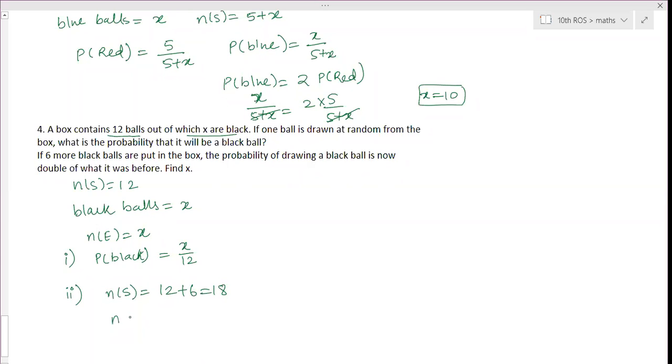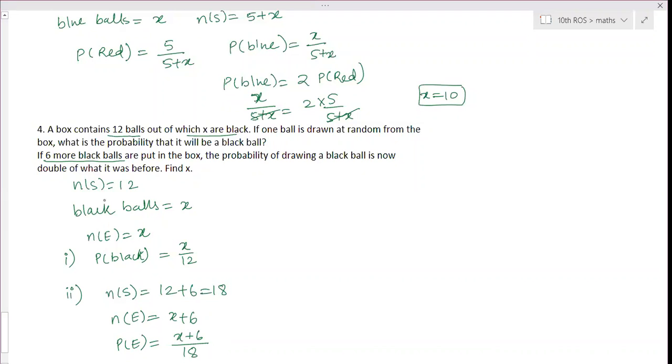Now how many black balls are there? 6 more black balls are put into the box, so X plus 6 is the number of black balls. What is the probability in the new case? X plus 6 by 18.